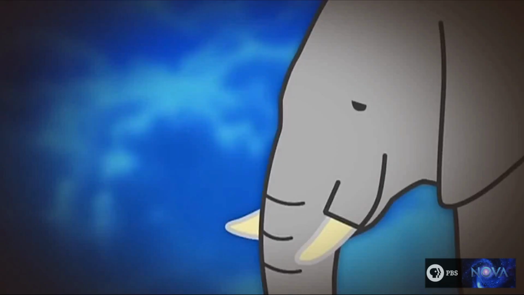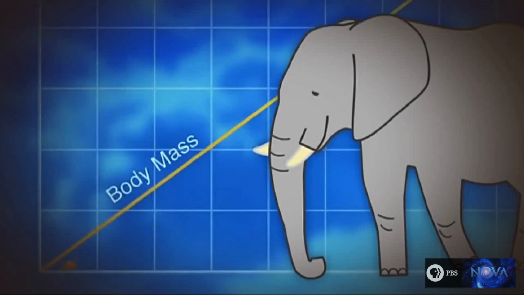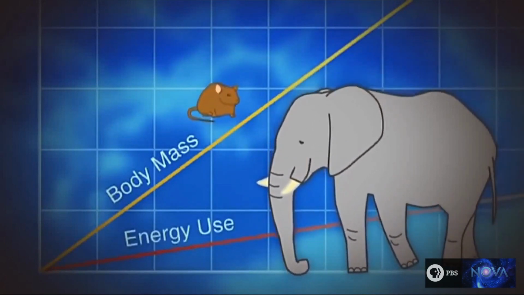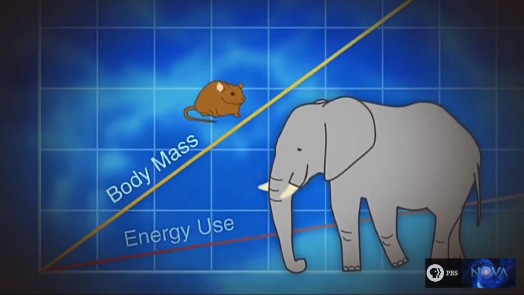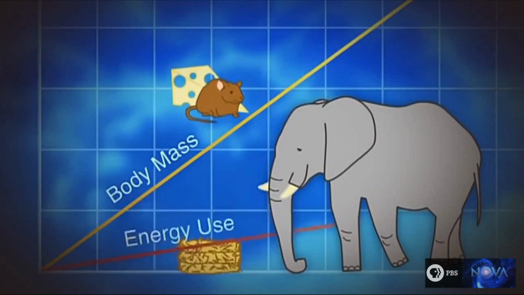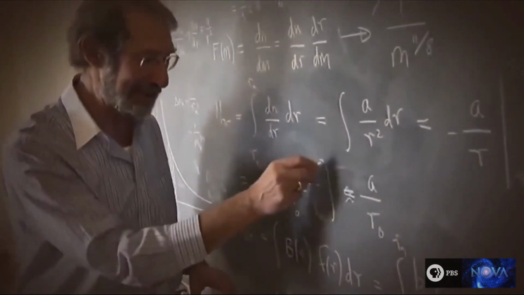There is an extraordinary economy of scale as you increase in size. An elephant, for example, is 200,000 times heavier than a mouse, but uses only about 10,000 times more energy in the form of calories it consumes. The bigger you are, you actually need less energy per gram of tissue to stay alive.